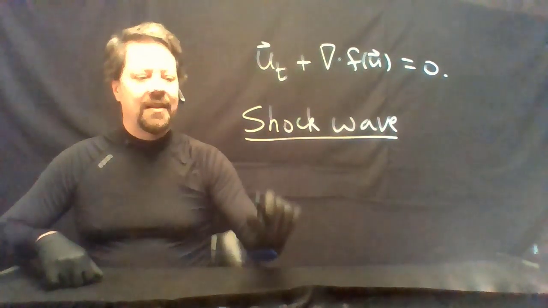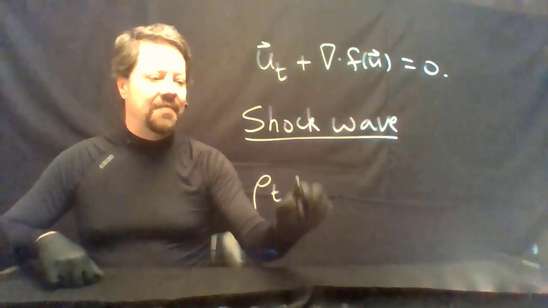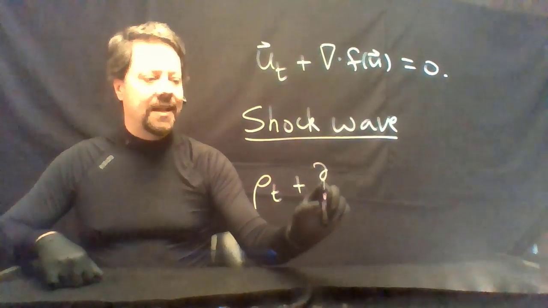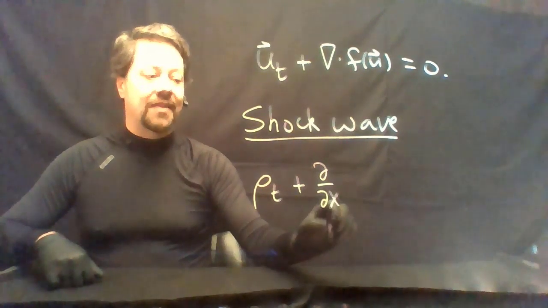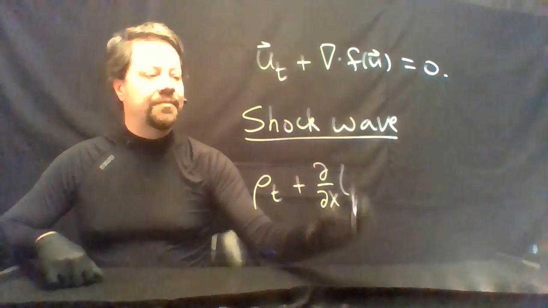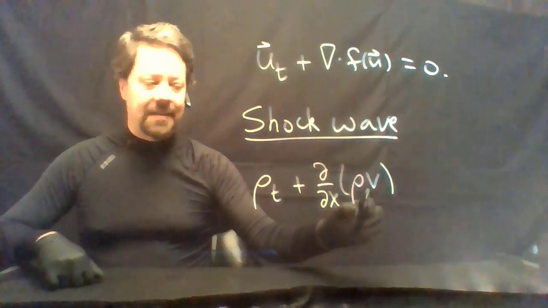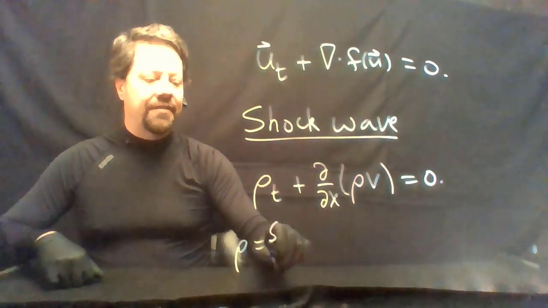For instance, in the continuity equation, the state variable is the density. Let's suppose we're dealing with a one-dimensional problem, in which case the divergence is just the derivative with respect to x, since there is no other variable, and the velocity will be a scalar velocity. Rho could have different values.